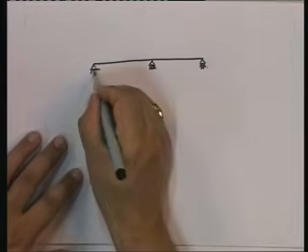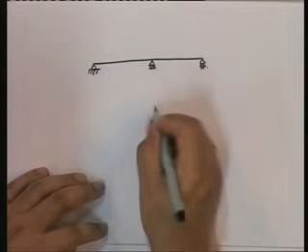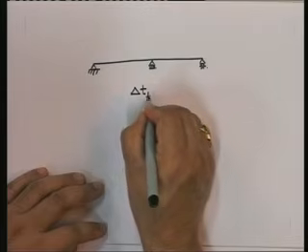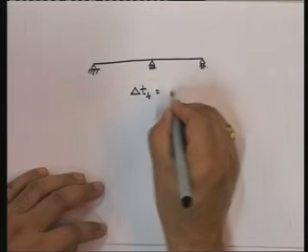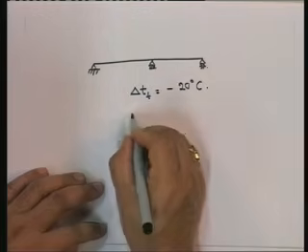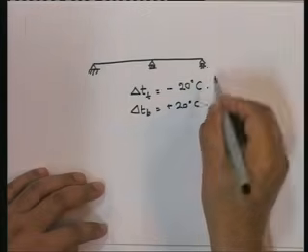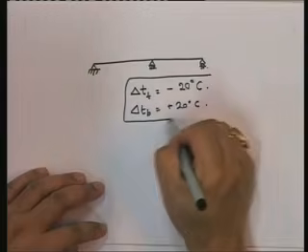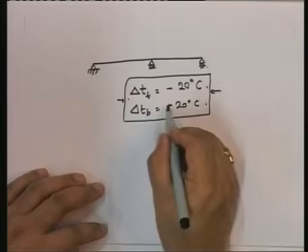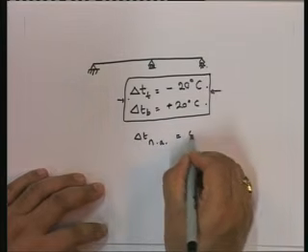This is the structure, and I have a situation where delta T top is equal to minus 20 degrees and delta T bottom is plus 20 degrees. Let me put this kind of a situation. Why have I put this situation? Because if you look at this, what is the delta T at the neutral axis? You will see it's 0 degrees.